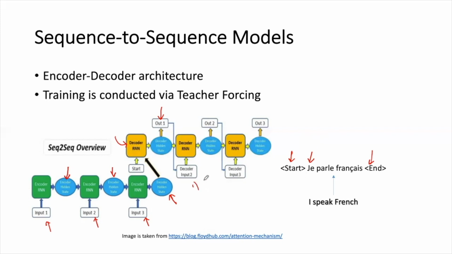This basically generates the word J, but it is the vector representation for J that is passed. Once we pass that, we also have the previous decoder hidden state provided, and these two are taken as the inputs. We get the next decoder hidden state, and similarly we generate the next output word.